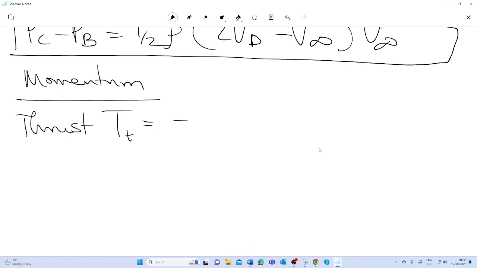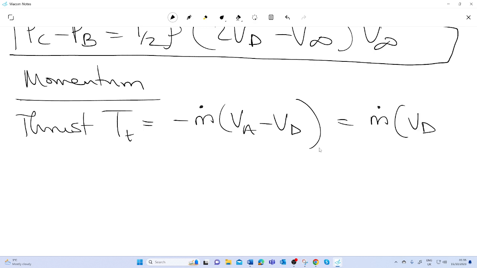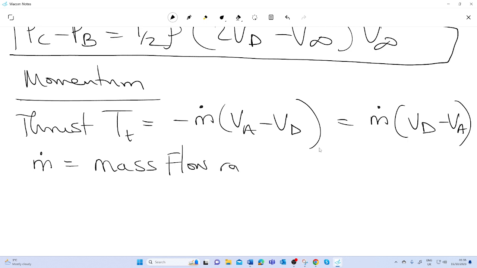equals minus m dot (VA minus VD), which is equal to m dot (VD minus VA), and m dot equals the mass flow rate during the brake descent.